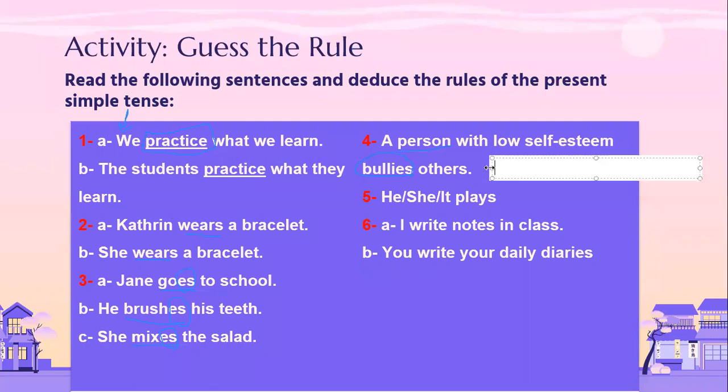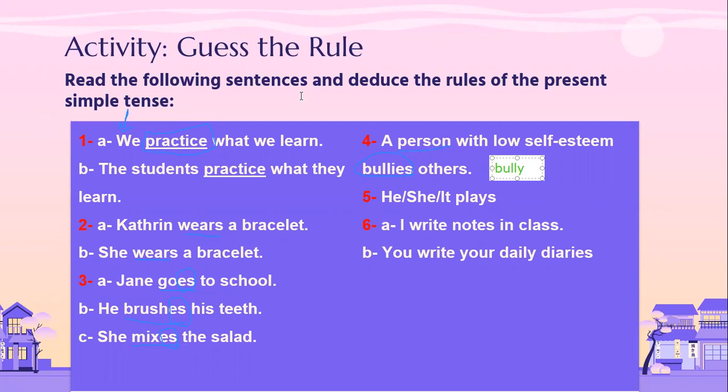It is bully. So bully ends with a Y, and here we added IES because it ended with a Y, and because it's singular. One person, a person, okay? So also look at it and deduce the rule.